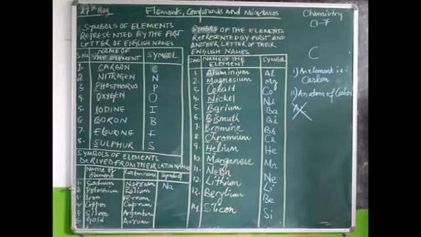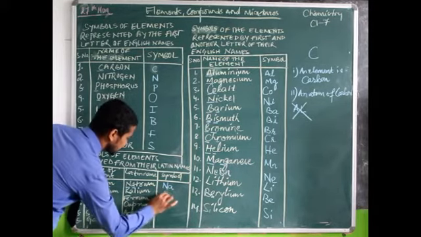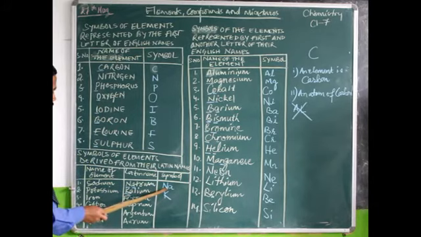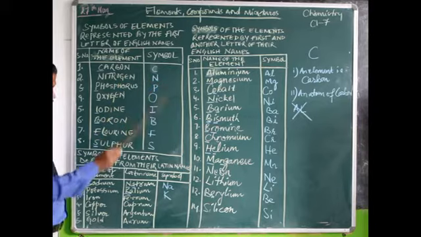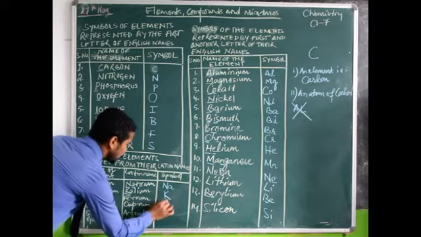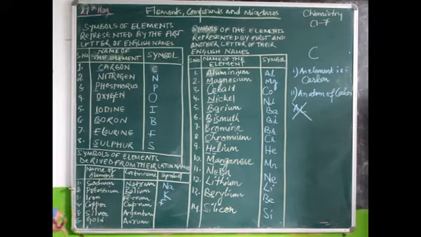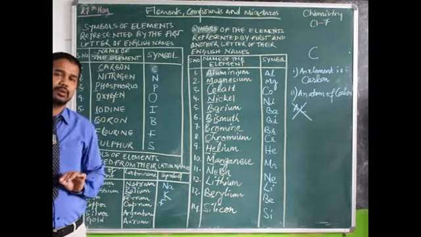So natrium. Then potassium, we write K, the first letter only. So why here are we not giving the first letter only? Because N is already used in the case of nitrogen. So we have to give Na. Then for iron, ferrum. So F. If I write F, it will be wrong because no two elements can have the same symbol.